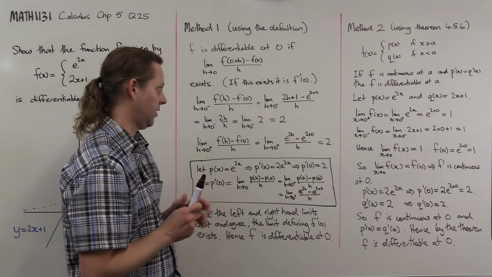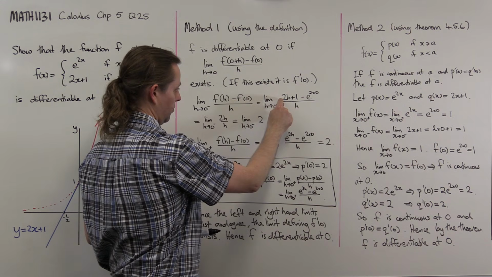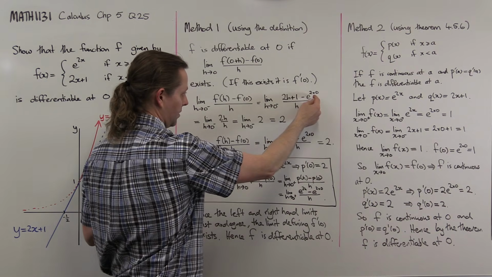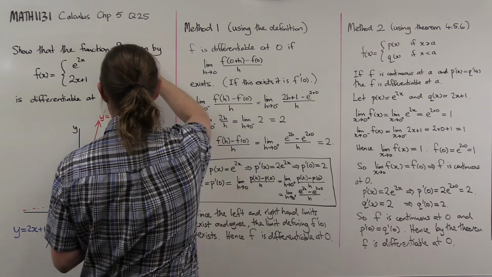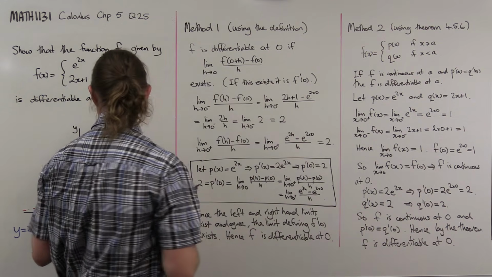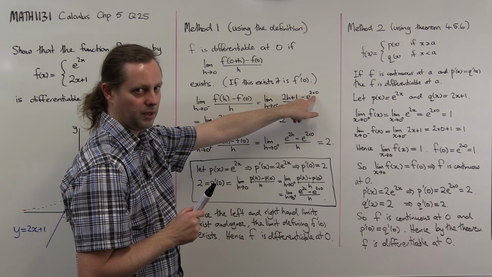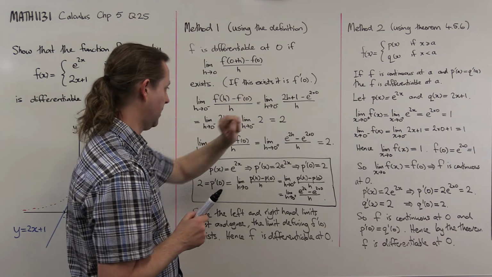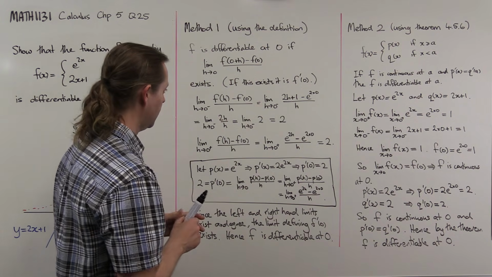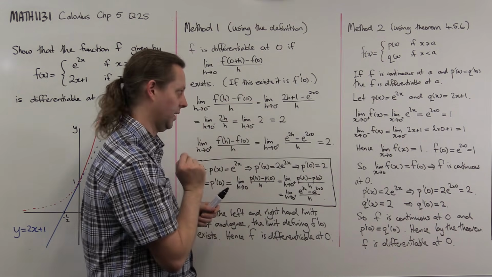That's the same function there and there. But up here, we have the 2h plus 1, which comes from the definition of f here. But minus f of 0 came from the definition of that. And in order for this to be the derivative of the blue function, 2x plus 1, we need that this number here really does match what it ought to be for this function. So that's where the continuity comes in. This really has to be 2 times 0 plus 1 for this to work out.